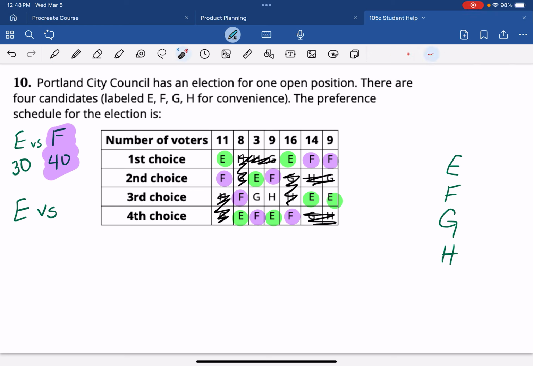So the next one we're going to look at, we just did F. So what if the voters only had the choice between E and G? Who would win that outcome? Once again, I'm going to highlight E in green.